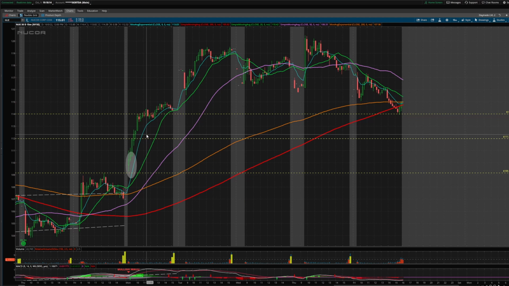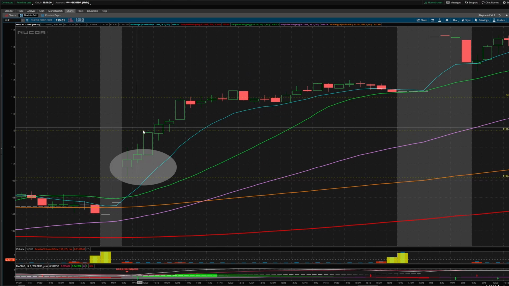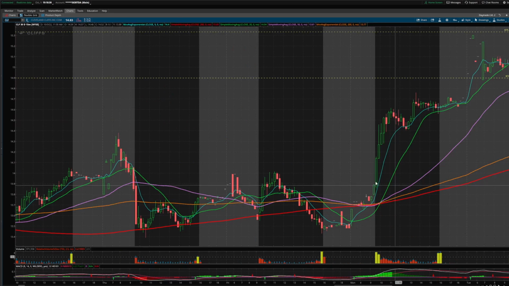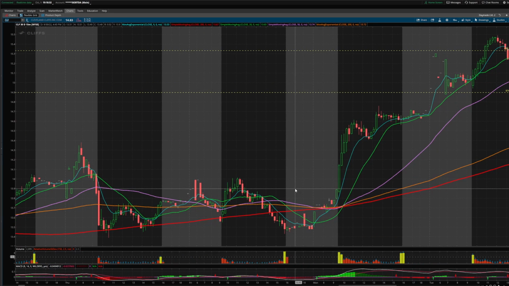I want to go right into the next day trade that I took on Monday, right? Because this is in the same conversation as NUE. So I ended up taking CLF on Monday. Now, why CLF, right? CLF is in the same sector as NUE. This is that same materials, right?